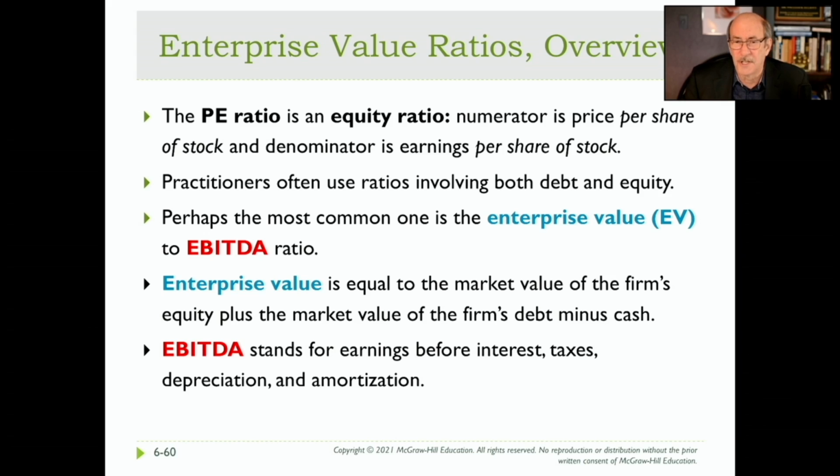But the other reason that you might want to have cash is that maybe you're a startup and you know that you're going to have negative earnings for some period of time. We call that a burn rate. You're going to burn through cash before your earnings turn positive for at least a year, maybe 2 or 3 or 4 years, depending upon the company and the market and so forth.